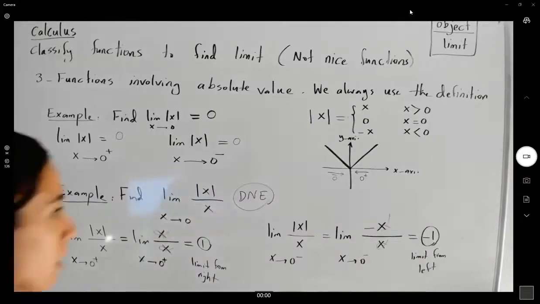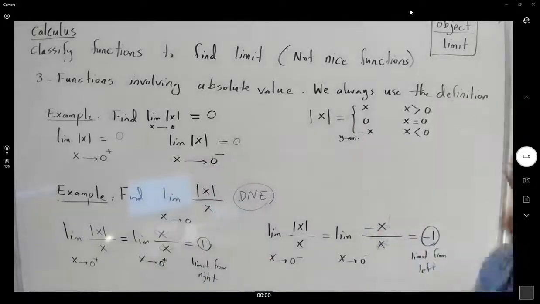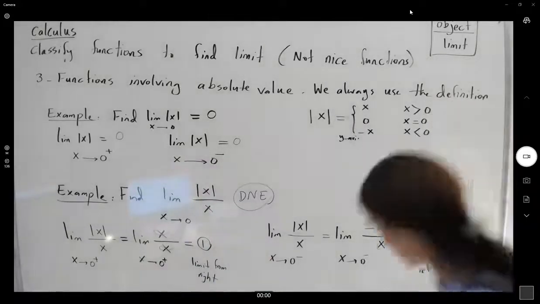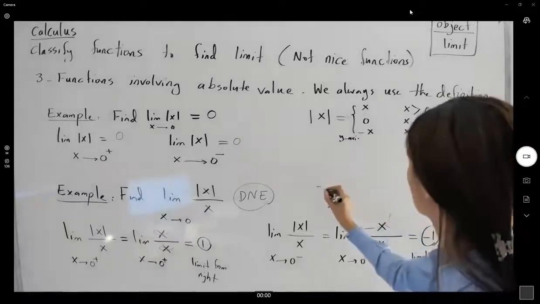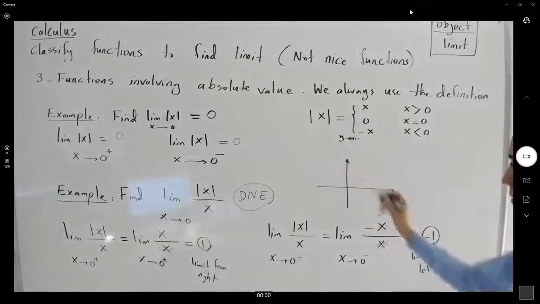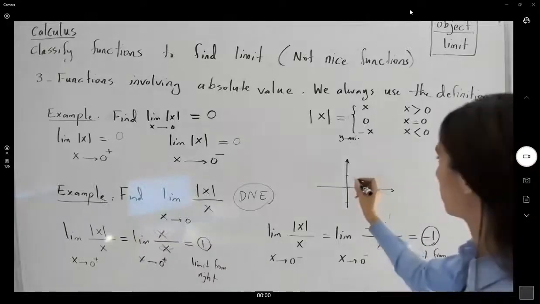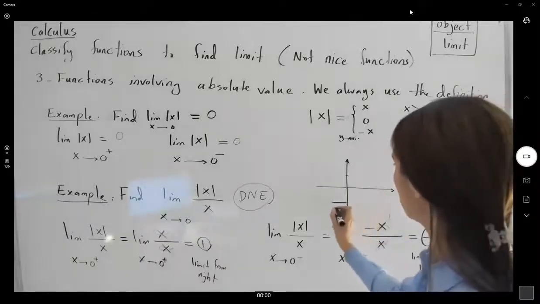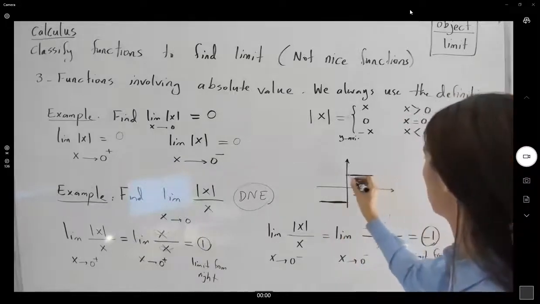Well, what's the graph like? So for this function, if we simplify this, this is what we have. So fixed numbers, 1 and -1. From left, -1. And from right, we have 1.